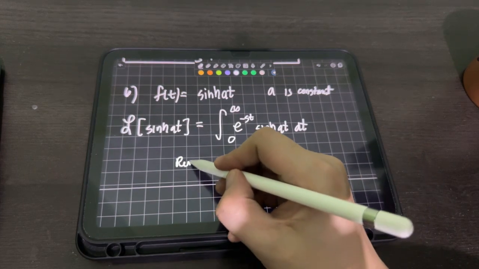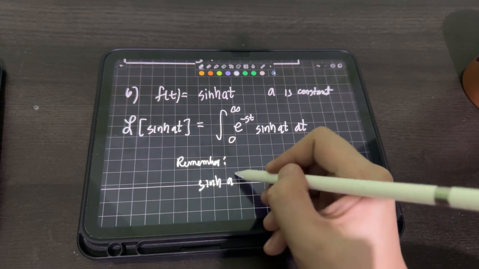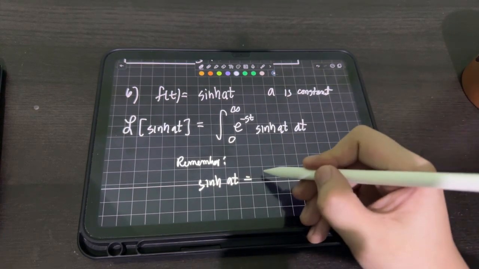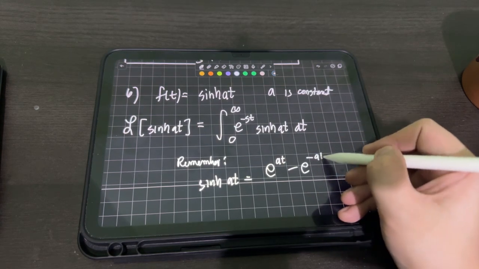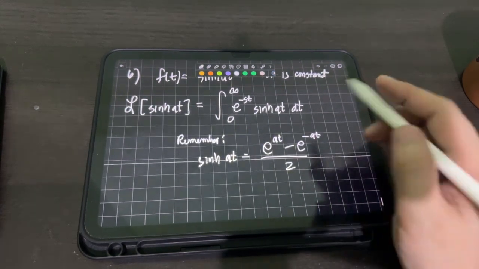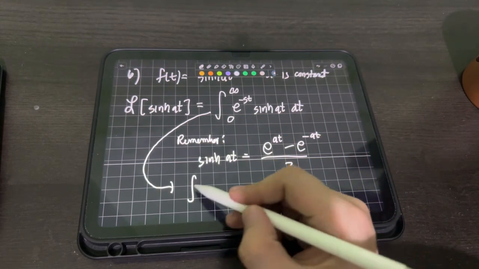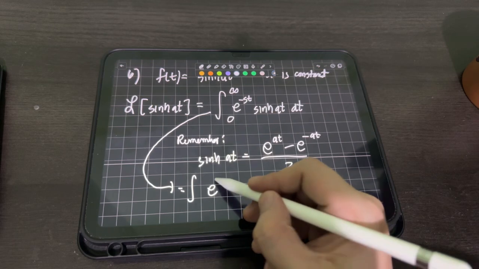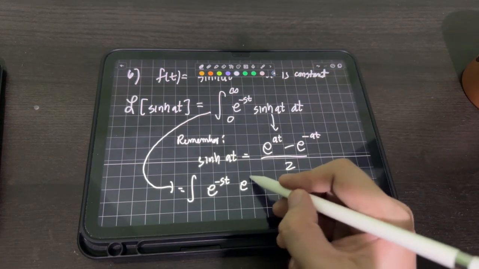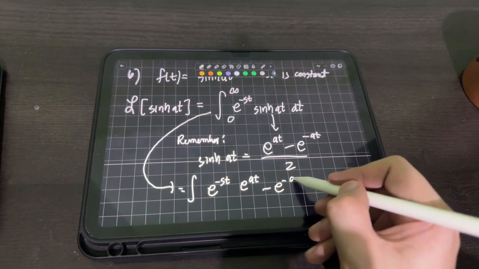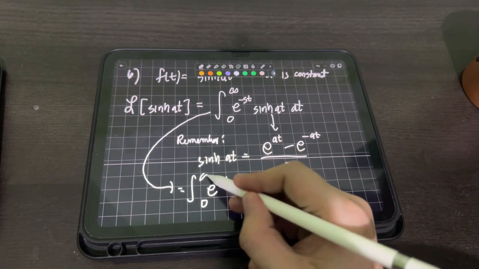So remember that sinh at is equal to e to the at minus e to the negative at over 2. So if we substitute this value of sinh at in terms of Euler number in our integral, we will have integral of e to the negative st times this sinh at, which is e to the at minus e to the negative at over 2 dt from 0 to infinity.